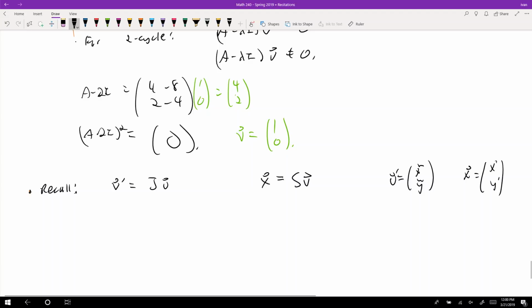Now we use V prime equal to JV, and that's X tilde prime, Y tilde prime, where V is equal to X tilde, Y tilde, and X is equal to X of t, Y of t. So this is what we have.